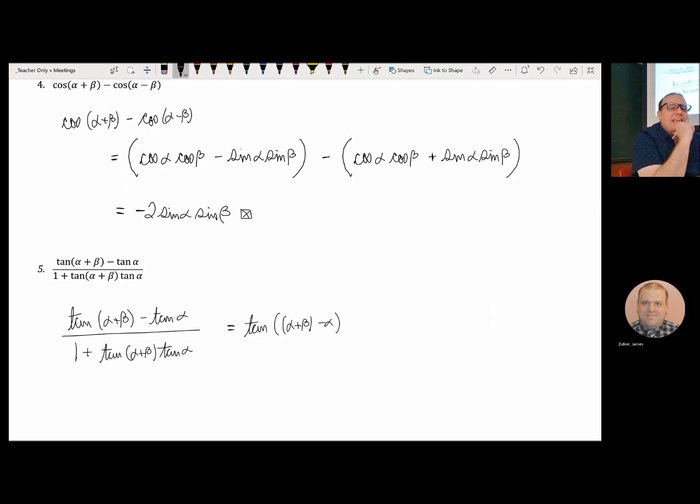What we have is the difference identity for tangent of two angles. So that would just be tangent of alpha plus beta minus alpha, which is just tangent of beta.